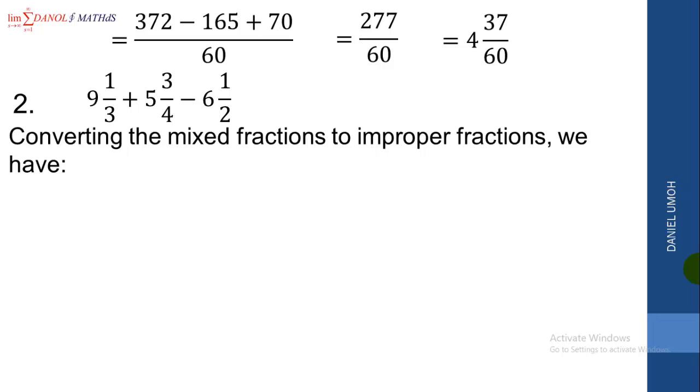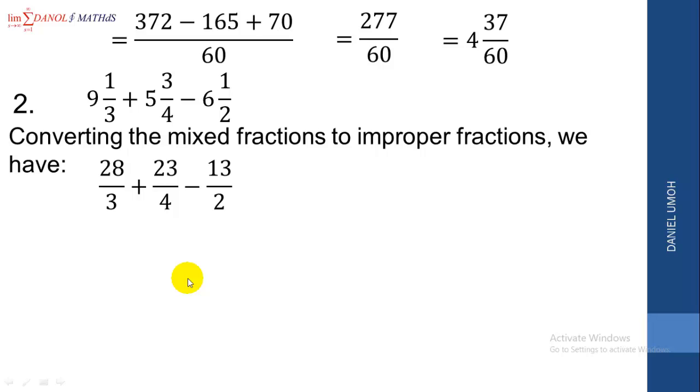On converting that, we simply say 3 times 9, that's 27 plus 1, 28 over 3, right? We now say 4 times 5, that's 20 plus 3, that's 23 over 4, right? We now say 2 times 6, 12 plus 1, 13 over 2. So this is what we got. I hope you understand that.